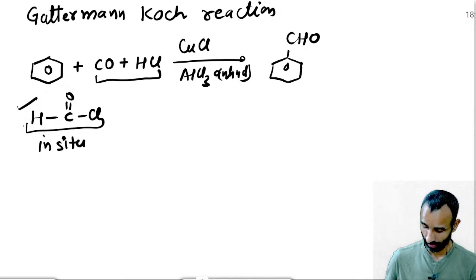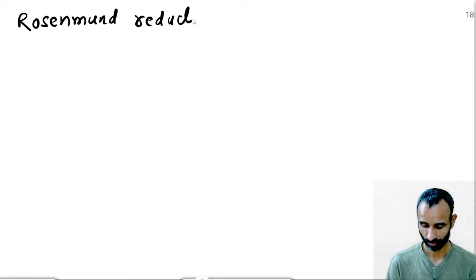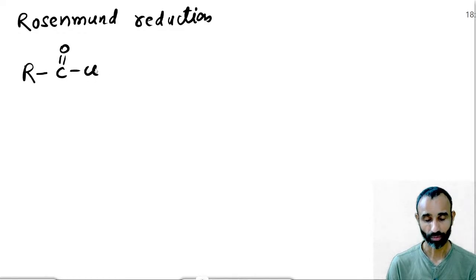Then Rosenmund reduction. In Rosenmund reduction, what we have is an acid chloride.